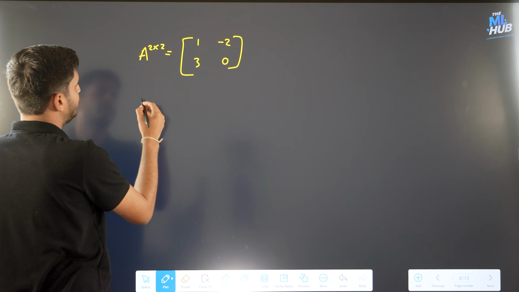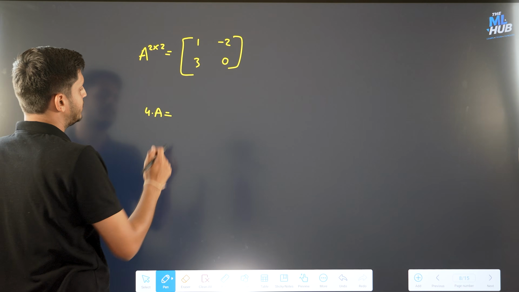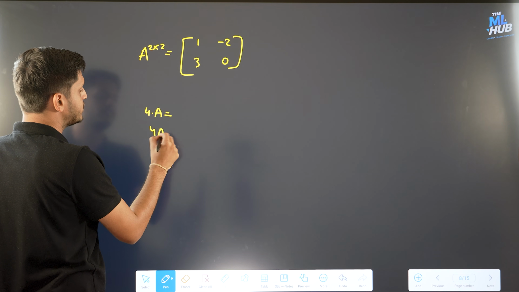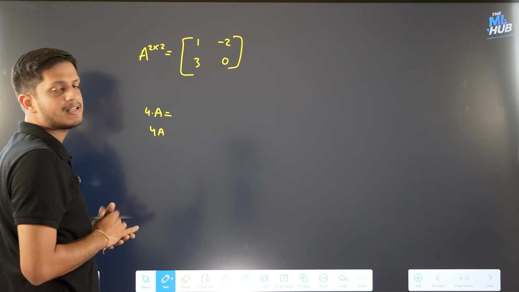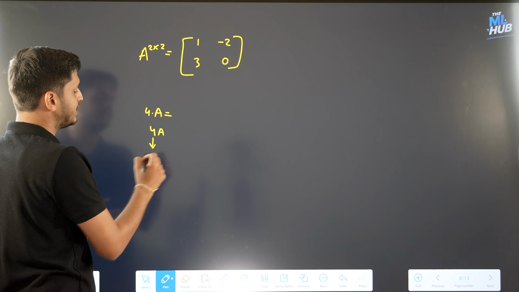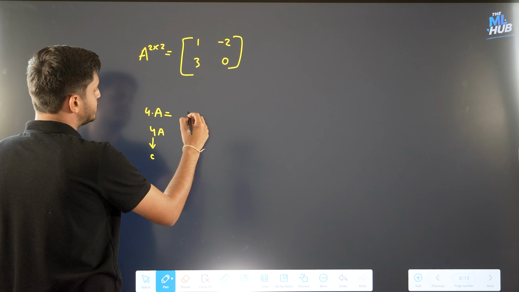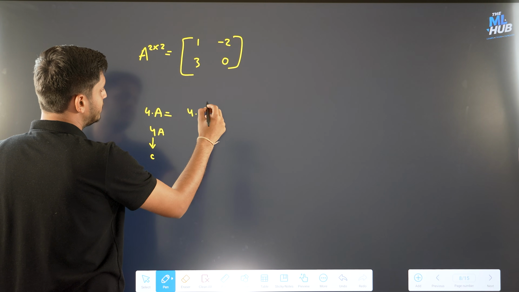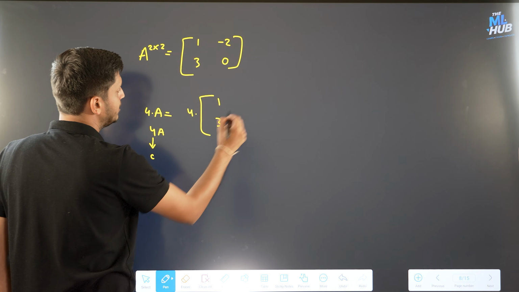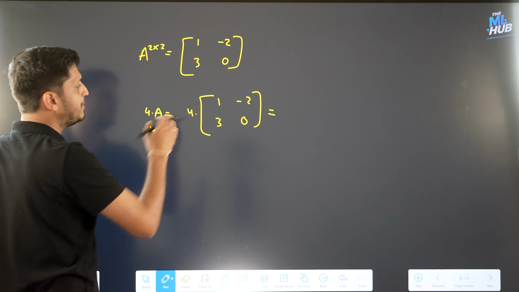And we want to compute 4 times A. You can denote it like this, 4 dot A, or you can also write 4A, which means you are just multiplying the entire matrix A by the value 4. Here 4 is the scalar C. So you just have to multiply the entire matrix. You can write it like 4 times the entire matrix 1, 3, minus 2, 0, which is nothing but multiplying every element by 4.